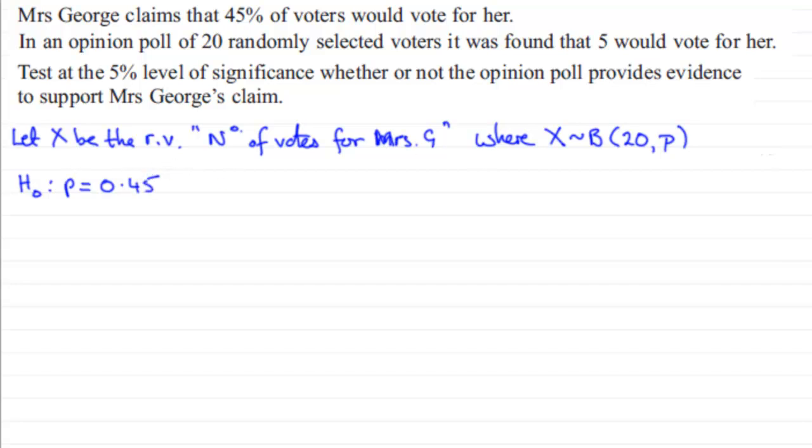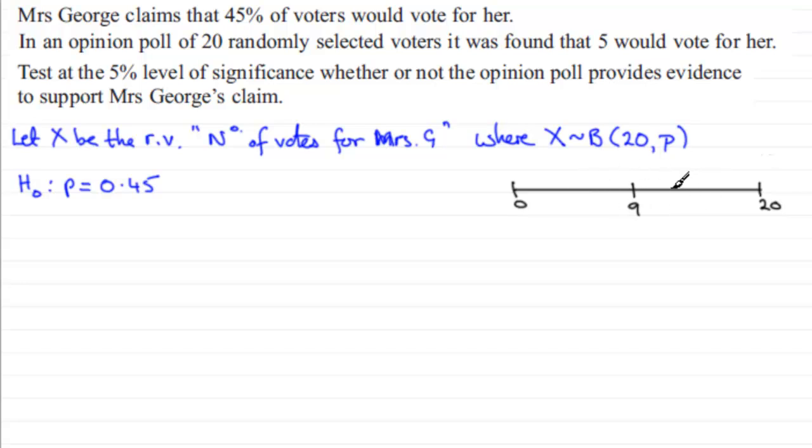Now we've seen that we've got an opinion poll of 20 randomly selected people. Let's just do this with a number line that's going to range from no people voting up to 20 people voting. The expected value, the mean, is going to be 45% of 20, which is 9. 9 people are expected to vote for Mrs. George, and we'll just put that there. But it's not always going to be 9, it's going to vary a bit.